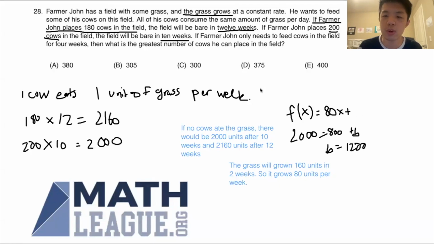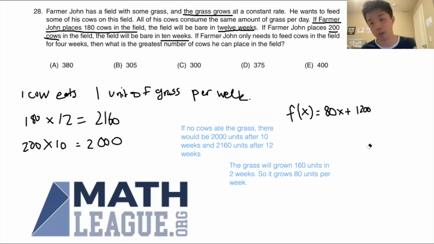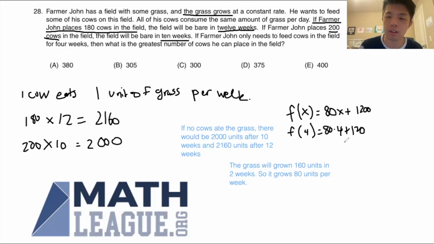We can replace b with this 1,200 over here. And we get this function of grass over time, if no cows would eat it. In particular, we really care about f of 4 because Farmer John needs to feed the cows for 4 weeks. We get f of 4 is 80 times 4 plus 1,200.